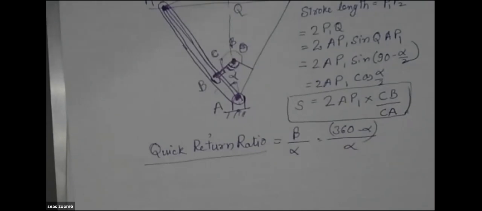Now let's say we want to design a crank and slotted lever quick return mechanism, and such problems are actually very vague in industry or in actual conditions. In most cases, what we know is that we want the forward stroke to be of some length.